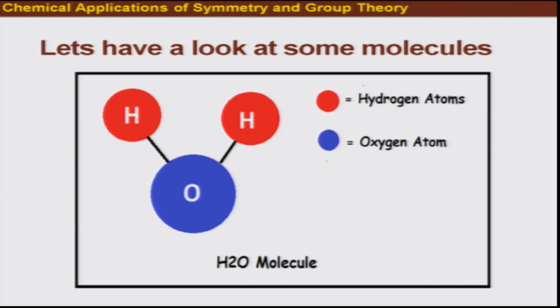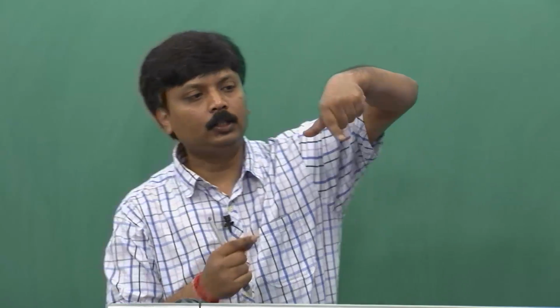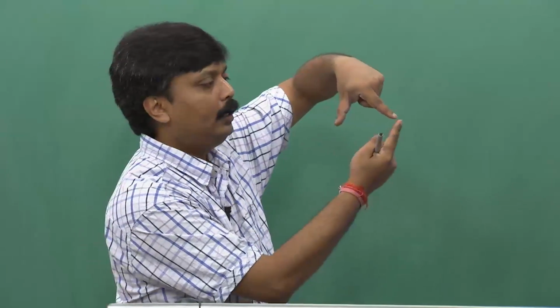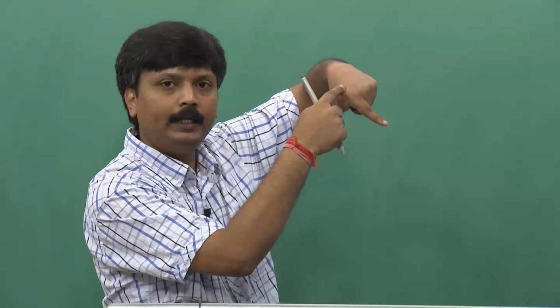Suppose I can mark these hydrogen atoms somehow. Okay, so I mark this hydrogen as 1 and this hydrogen as 2. Okay, and then this water molecule is like this, correct? So one hydrogen here, another hydrogen here, and the oxygen is sitting here.